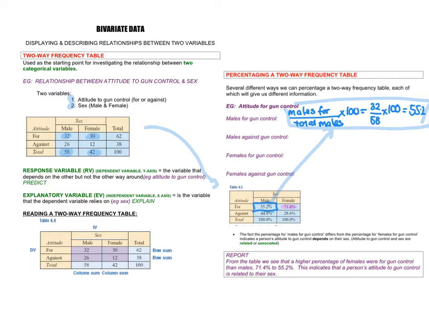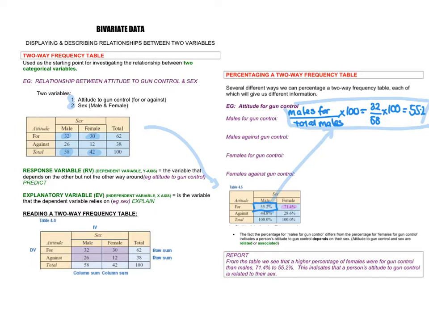Because there's such a high percentage of females for gun control, we could probably say, using the stats, there is some association with what sex you are and your attitude to gun control. If you are female, you are more likely to be for gun control. So what that means is you don't want the guns out there. That's all you have to write.